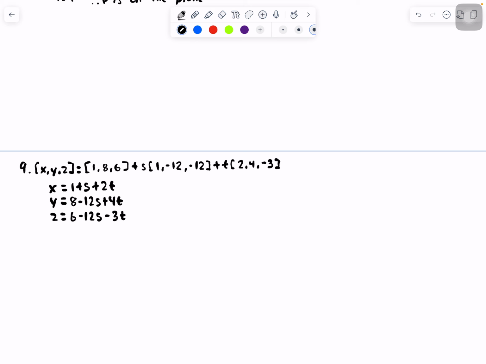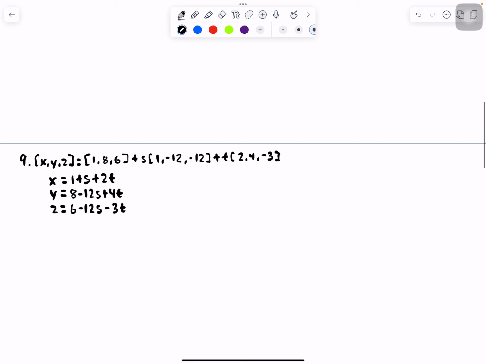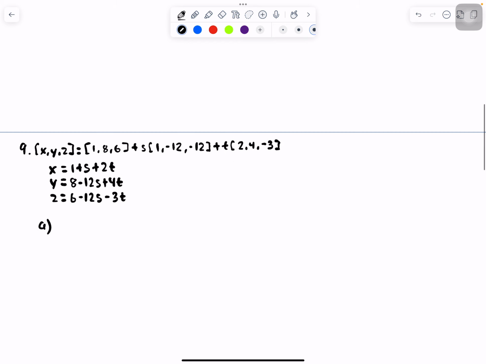Perfect. And it's asking us to find the x, y, and z intercepts. So I'm only going to do problem A because this problem is quite long. To find the x-intercept, y-intercept, and z-intercept respectively, I set the other coordinates equal to 0. So y equals z equals 0. In this case, x equals z equals 0.